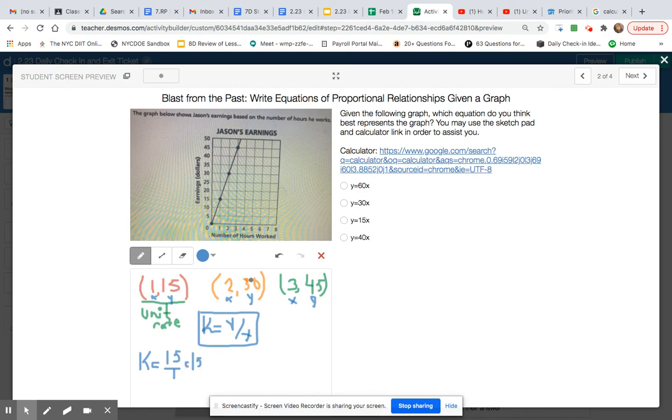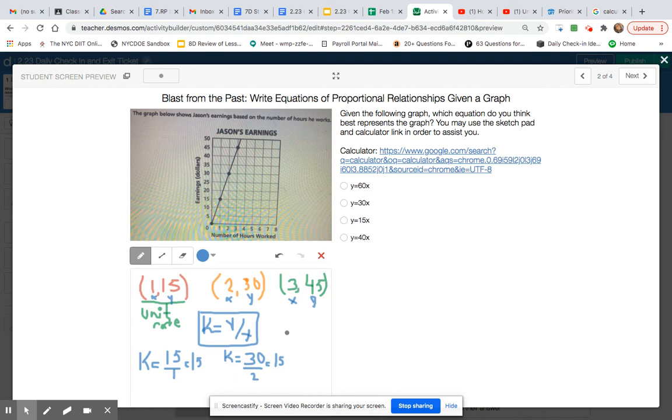If I look at the second pair, 2 comma 30, same thing. If I find the constant of proportionality between the x and y coordinate, my y in this case is 30, my x in this case is 2. 30 divided by 2 gives me 15.